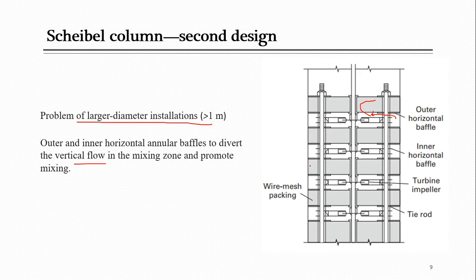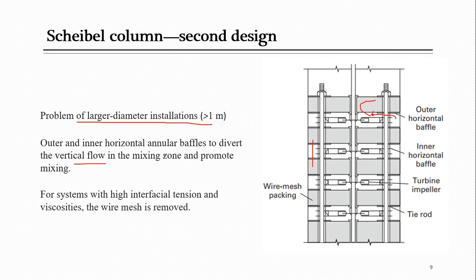Vertical flow is in this direction, as I have told you. If you don't install them, it will start going in this direction, but we usually avoid that in these large size columns with the help of these baffles, and it will definitely promote mixing and then liquid extraction. For systems with high interfacial tension and viscosity, wire mesh are removed.